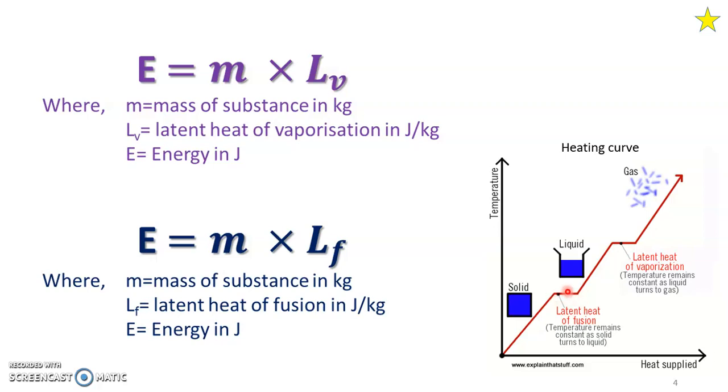At this constant temperature, latent heat of fusion is involved here. Same as here, latent heat of vaporization is involved during the boiling process, during the change of state from liquid to gas.